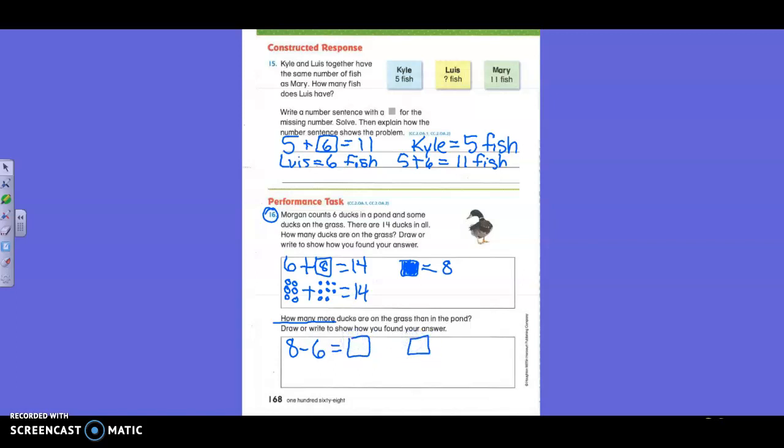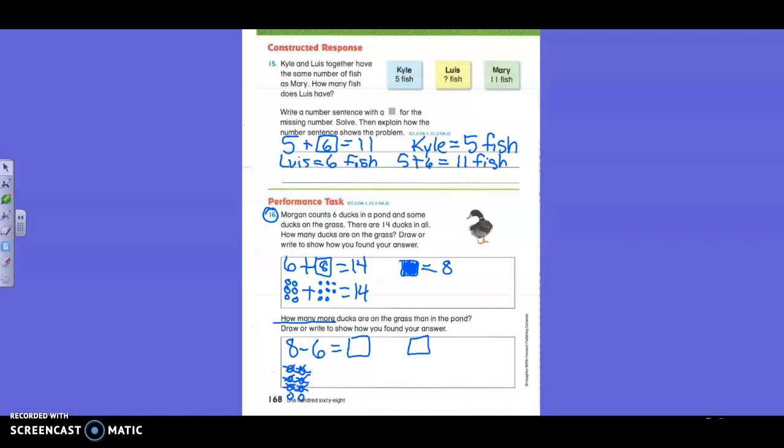So let's figure that out. Let's draw 8. 1, 2, 3, 4, 5, 6, 7, 8, right? So I drew 8 counters. We need to take away 6, so I'm going to cross them out. 1, 2, 3, 4, 5, 6.